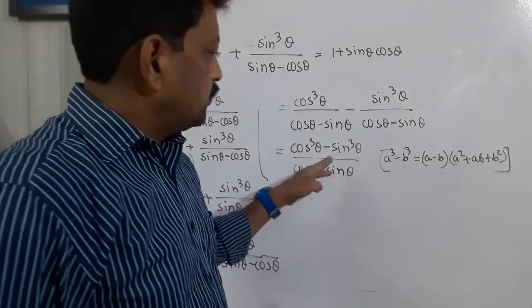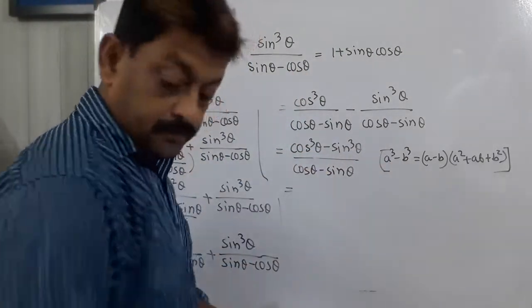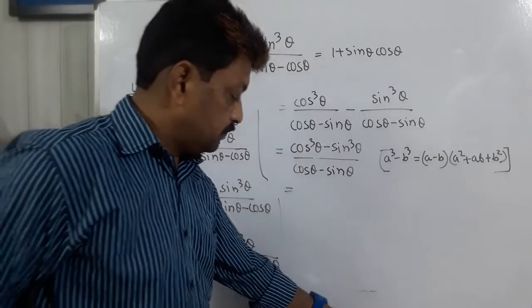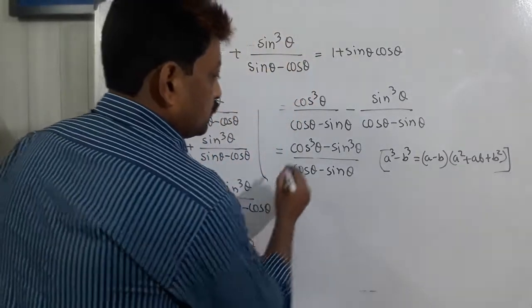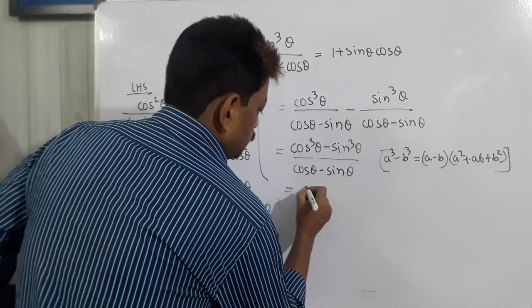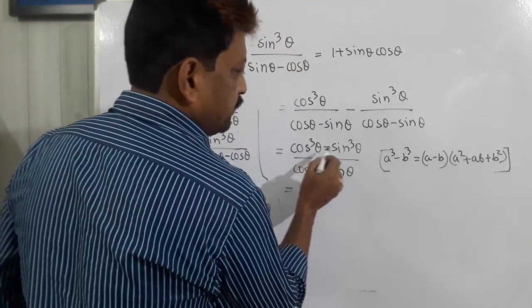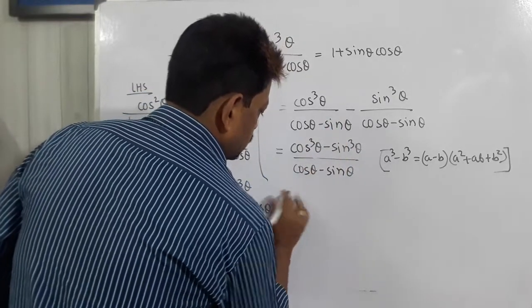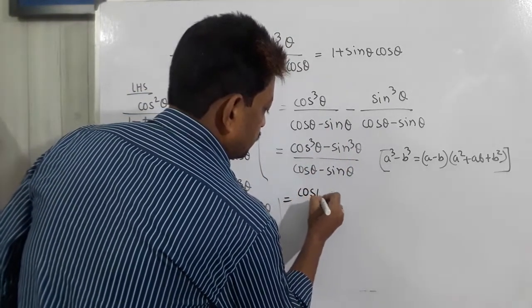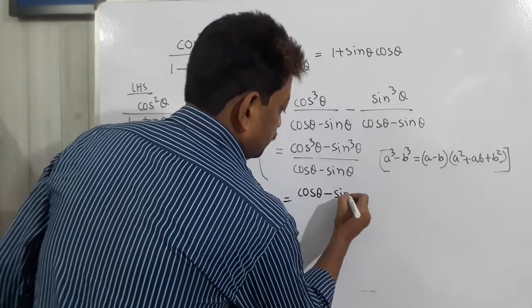So I am going to use this identity here. A is cos theta, b is sin theta, so a minus b is cos theta minus sin theta.